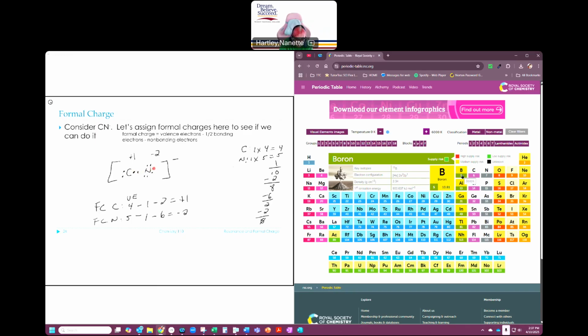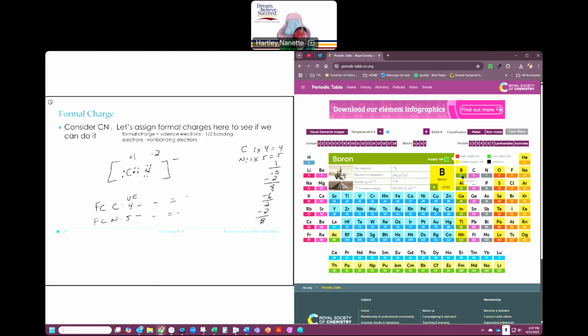So the first thing I'm going to do is take 2 of these electrons and put them in here. And I usually do that with the one that's on the end. So I do that. Now, when I do that, that changes some things. So I look at my formal charge again, and change all of this to see what my new formal charge is.